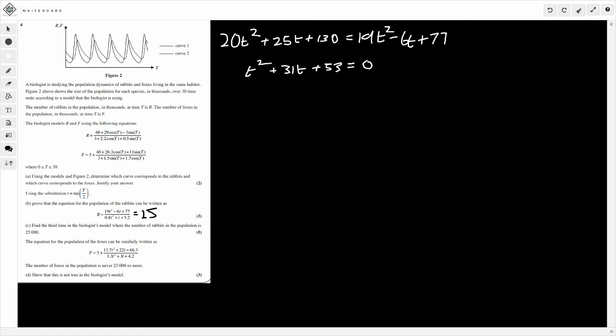You can either complete the square on this expression, you can use the quadratic formula, or you can use your calculator. You are allowed to use a graphical calculator to do this. So what we obtain is that t is either minus 1.816 or minus 29.183.